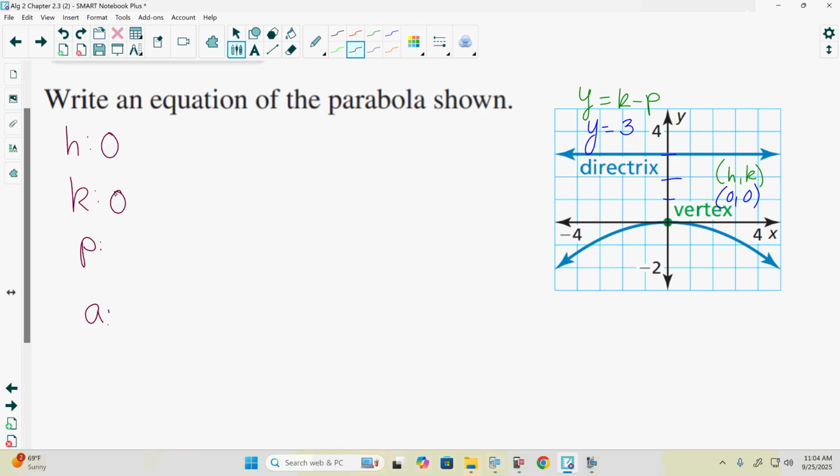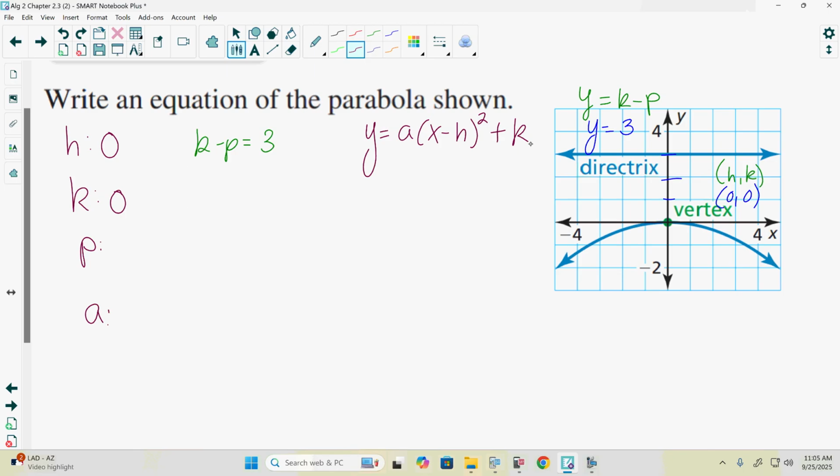Now to find the value of p, well, I know that k minus p is 3. I'm kind of getting ahead of myself too. I didn't write the general form down. Since we know the directrix is y equals k minus p, our equation has to be y equals a times x minus h squared plus k.